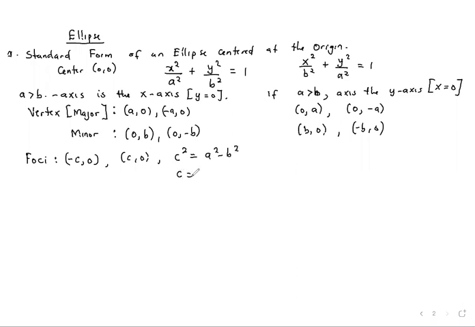So c specifically is the root of a squared minus b squared. So at the other one, then c will be on top, and 0 comma negative c, where c is found in the same way for this one.